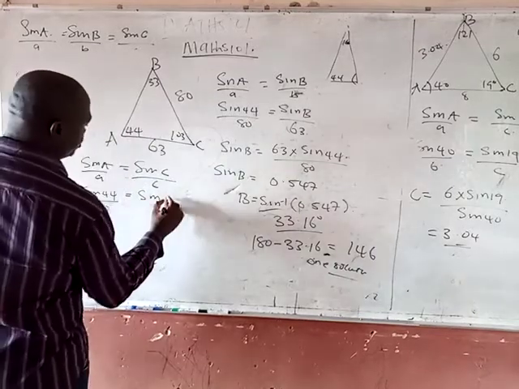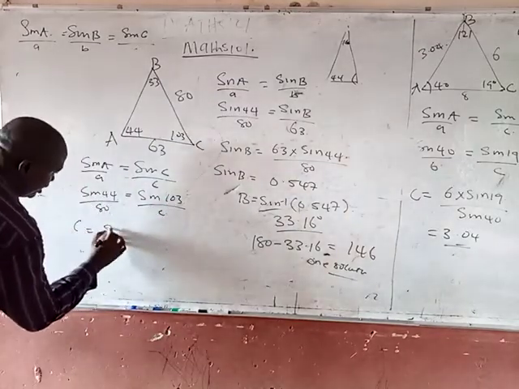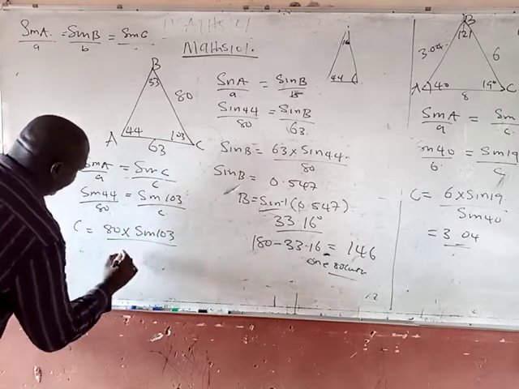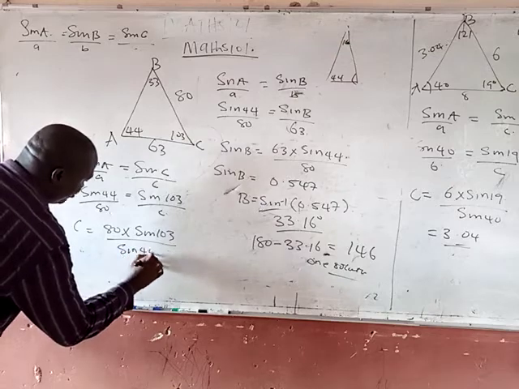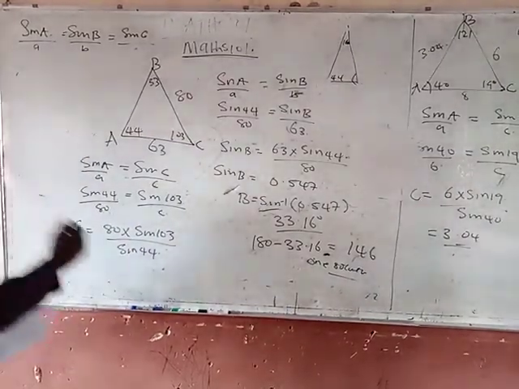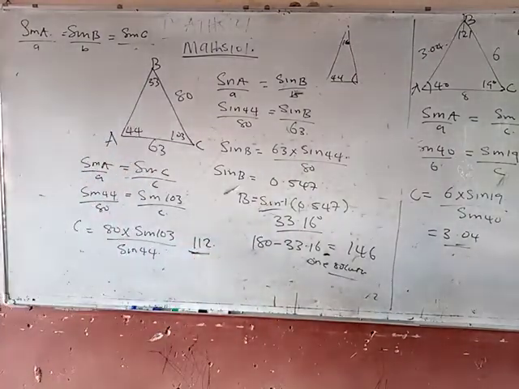So sine of C should be 103 all over C, so C is 80 times sine of 103, and we divide everything by sine of 44. If you put this in your calculator, C will give you 112.